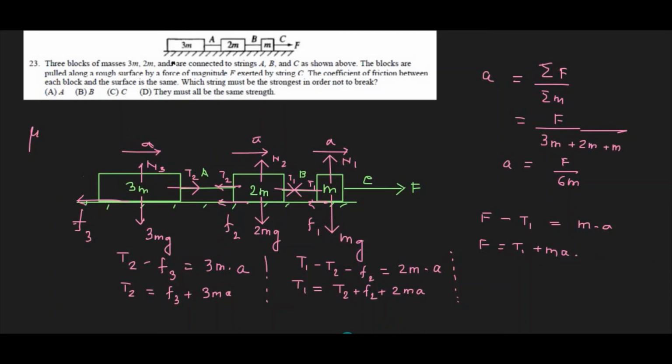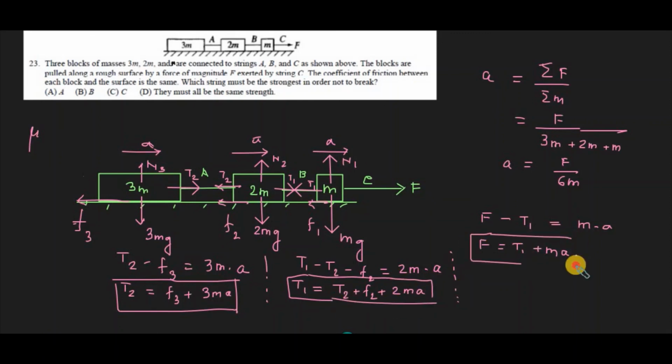Now if you compare all the equations, the tension T2 is between 3m and 2m on the A string, T1 is between 2m and m on the B string, and F is on the C string.